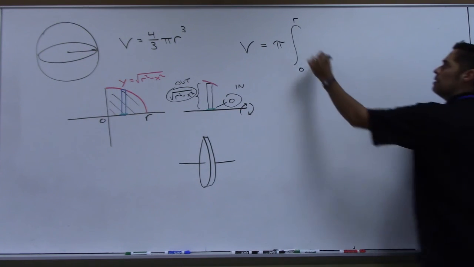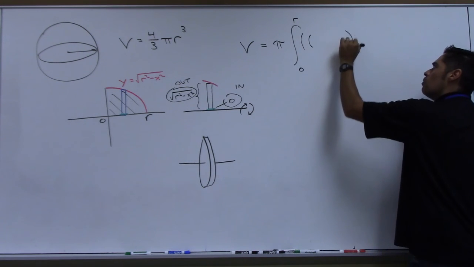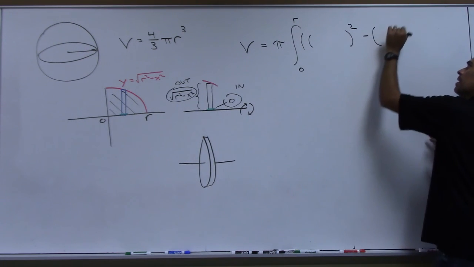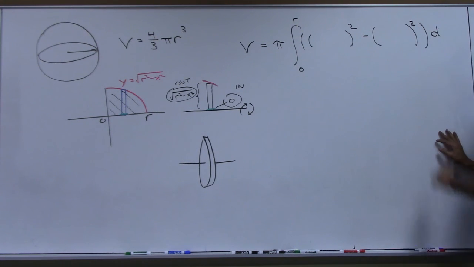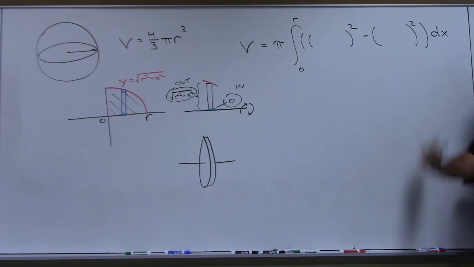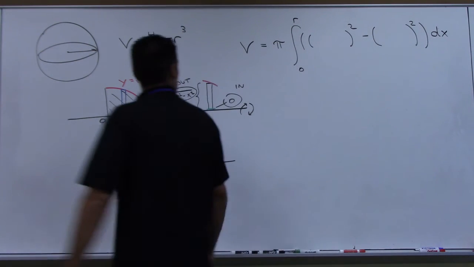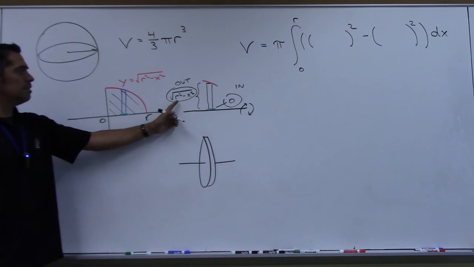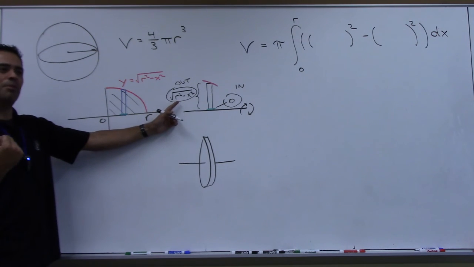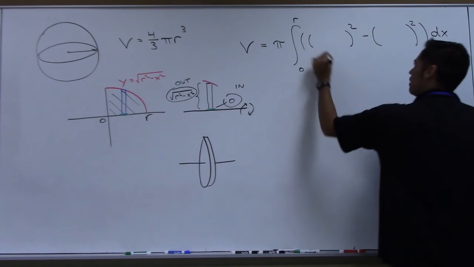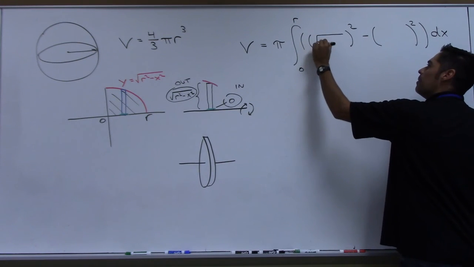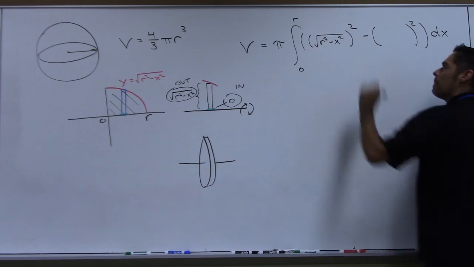And then the outer one squared minus the inner one squared. D what for us? Dx, because I oriented my rectangle vertically. The outer was a square root. Sweet. Because when I square it, it's going to go away. I'm very happy about that. You should be too.